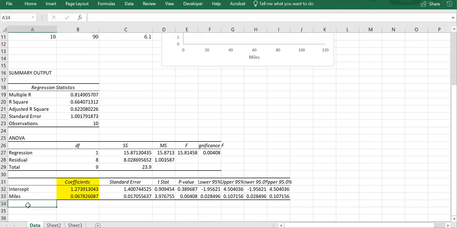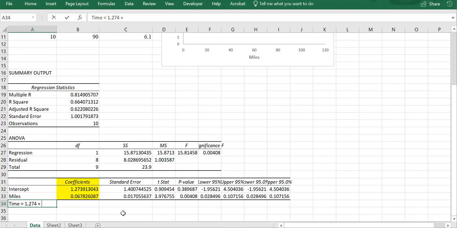So always the first step is writing down the linear equation. What we tried to explain, to predict, was travel time. It's equal to the y-intercept 1.274, plus the coefficient for miles times miles.